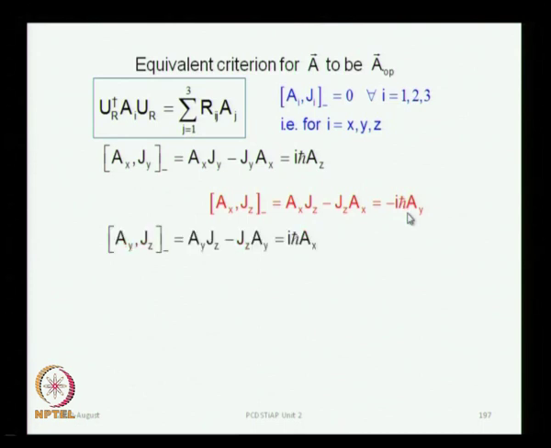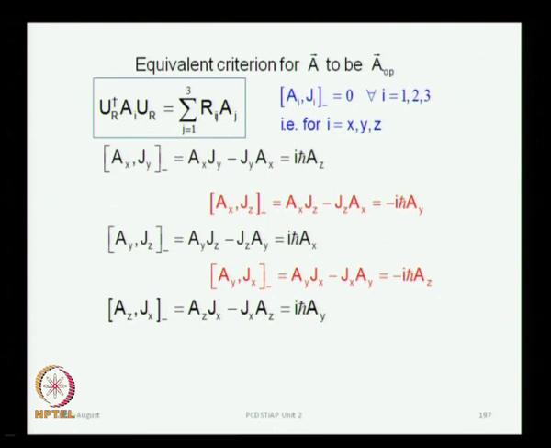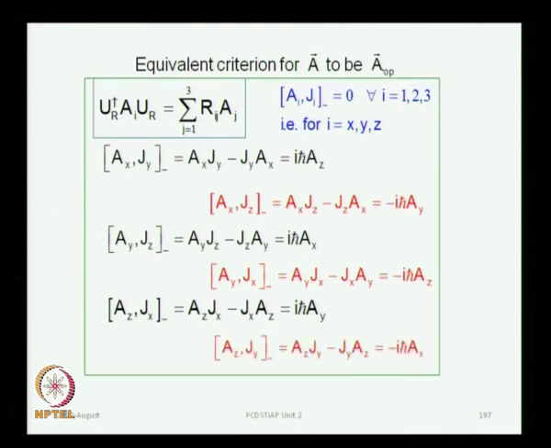Then you have similar relationships for Ay with the other two components and also for Az with the other two components. You just change the indices x to y, y to z and z to x, and you will get the remaining relationships, by cyclically rotating the subscripts.